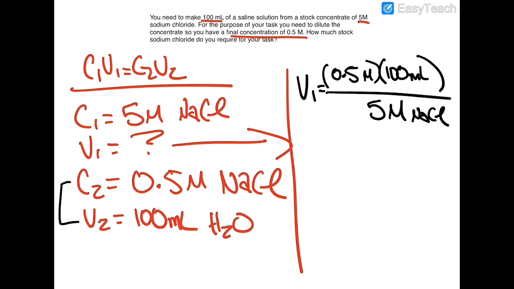So if you punch it into your calculator, you will be doing, first at least, 0.5 times 100, which is 50. So our formula, next step at least, will look like this.